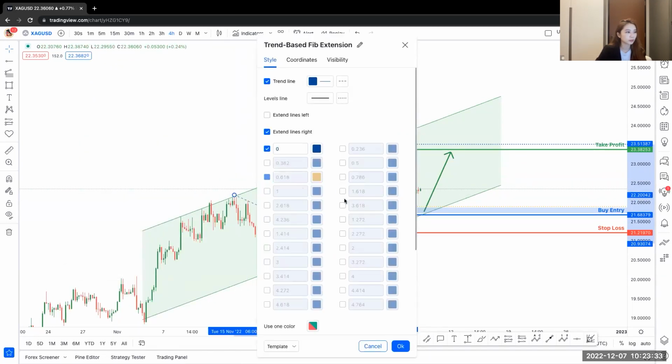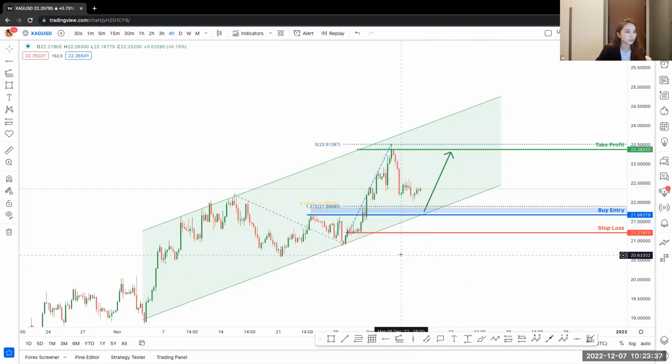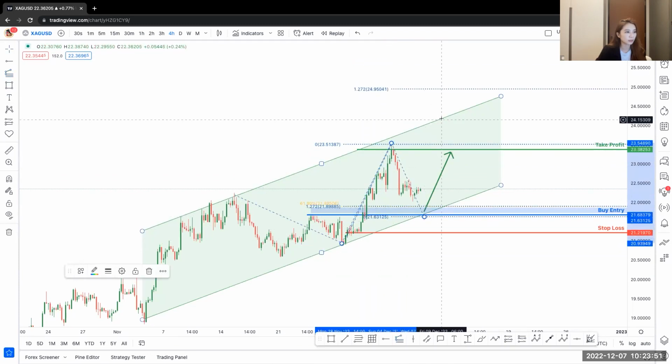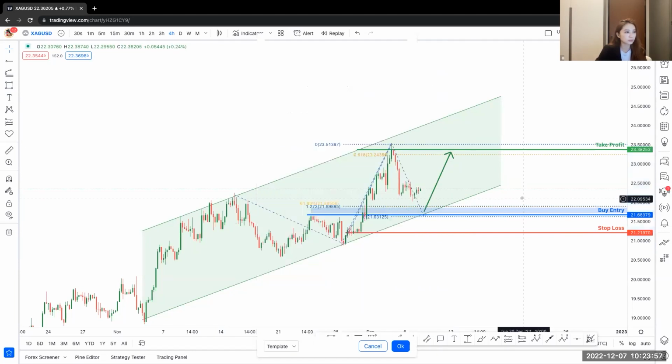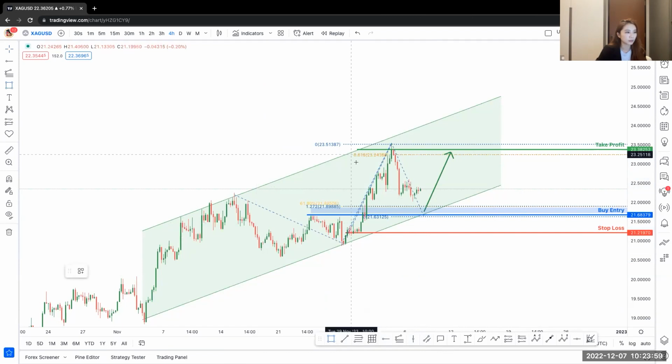Drawn wrongly. Okay, so the 127.2 coincides with our retracement. Let's take a look at our potential take profit, looking just nice at the candlewick range.